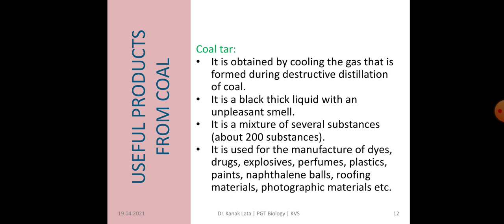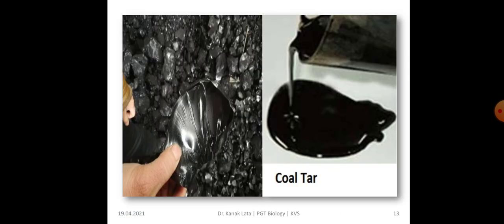About 200 substances are present in this coal tar. It is used for the manufacture of dyes, drugs, explosives, perfumes, plastics, paints, naphthalene balls, roofing material, photographic material, etc. So you can see that there are various uses of coal tar. Here you can see the coal tar.